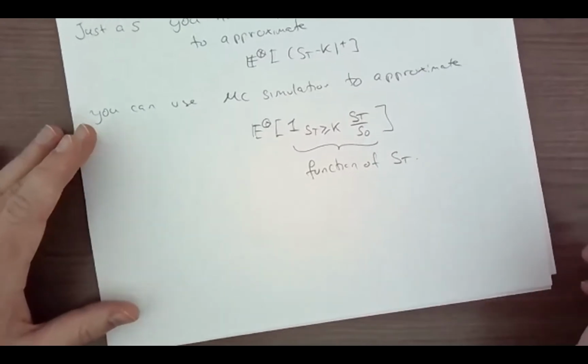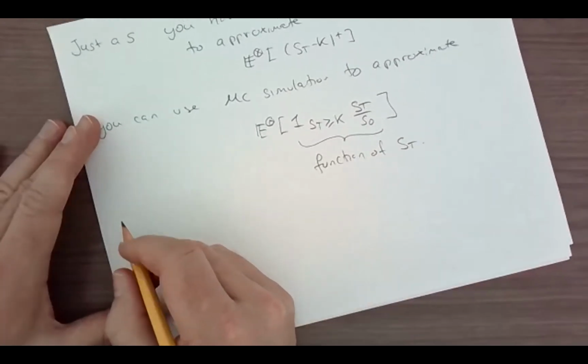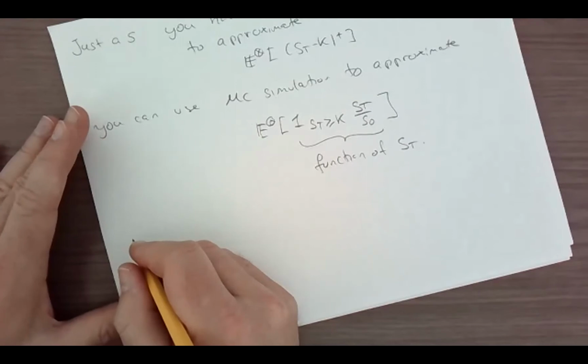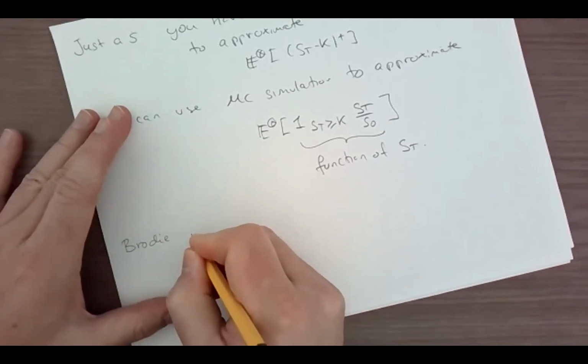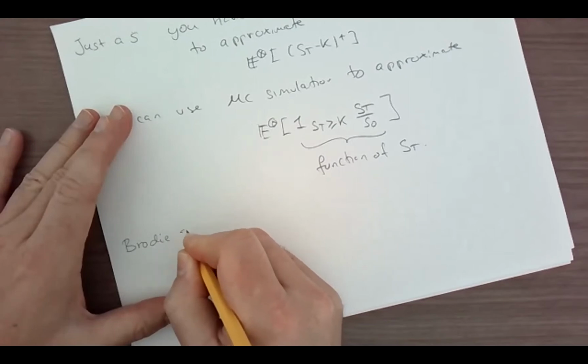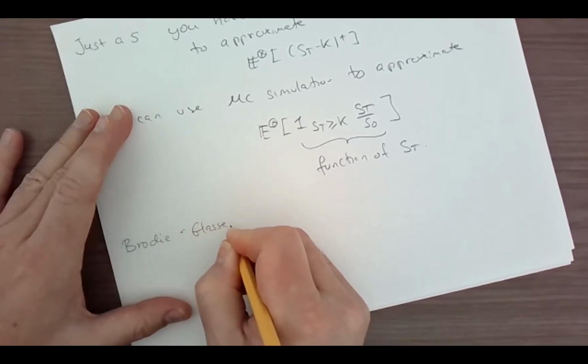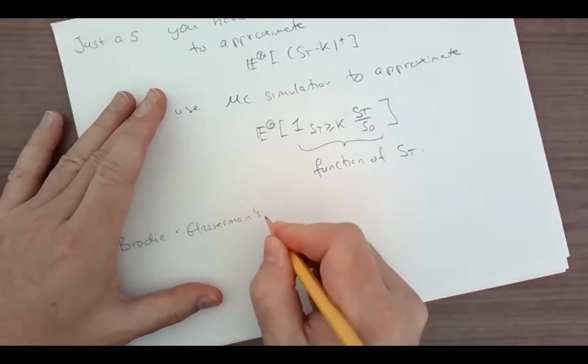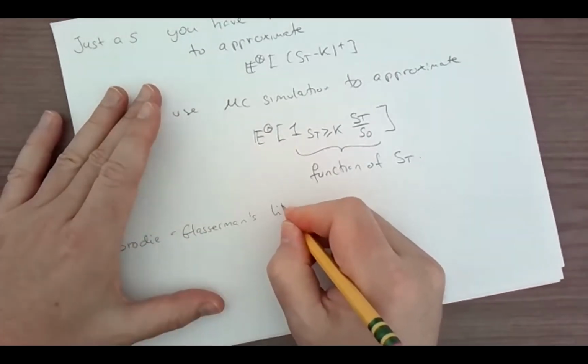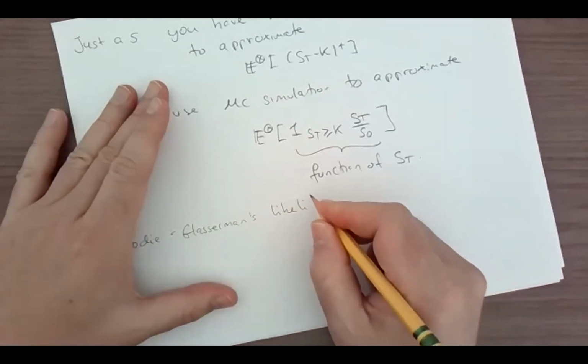The second way that they suggest to do it is called the likelihood ratio.